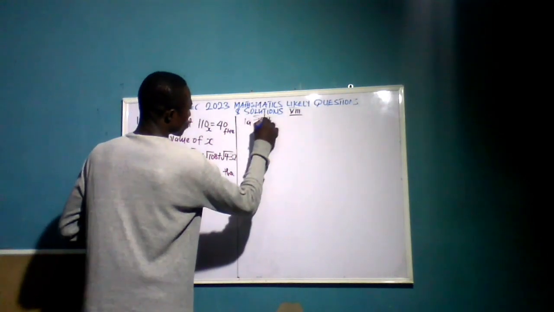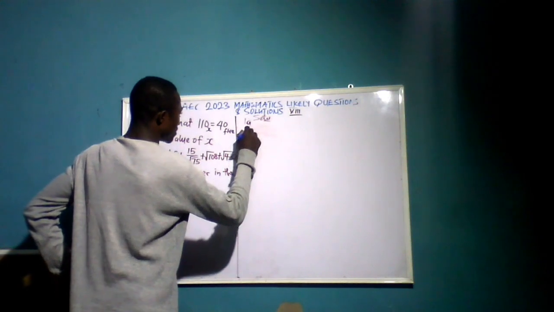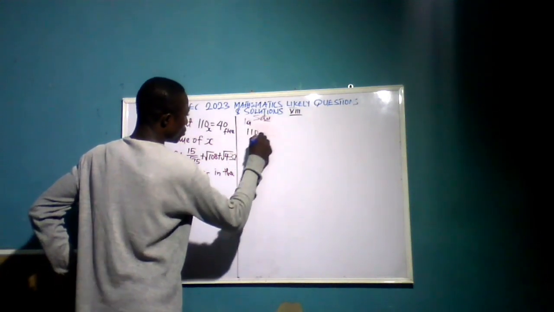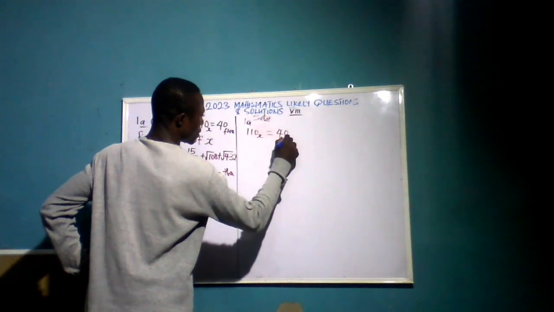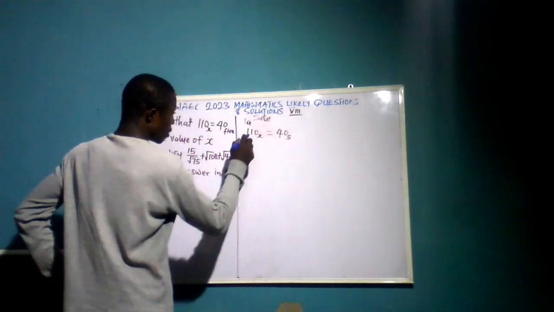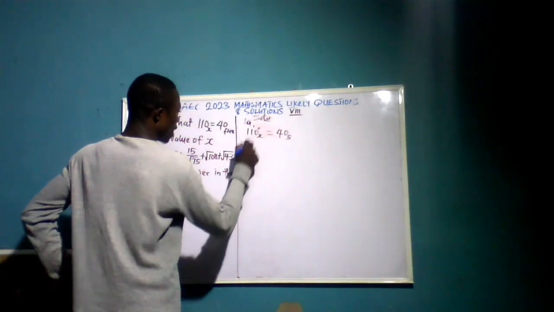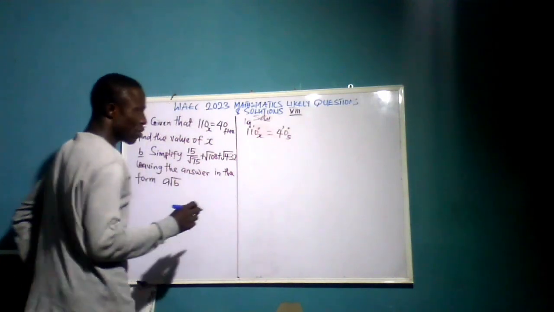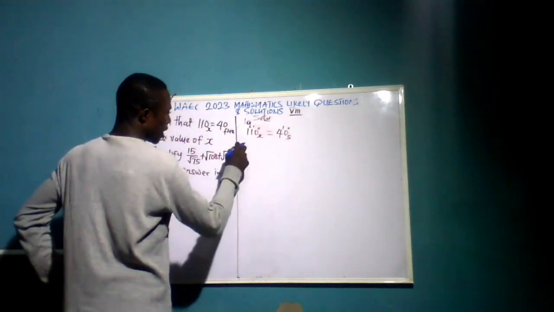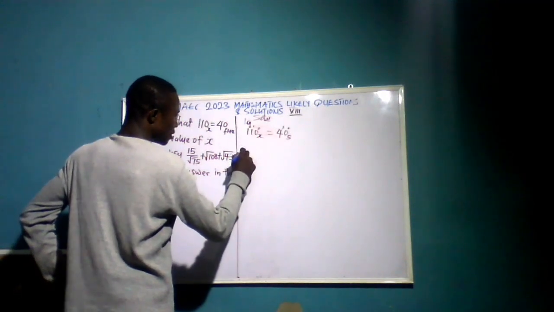Solution to number 1A: 110 in base x equals 40 in base 5. Based on the positions of each digit, we have 0, 1, 2, and then 0, 1. Converting from a number in base x to base 10 is done by multiplication.